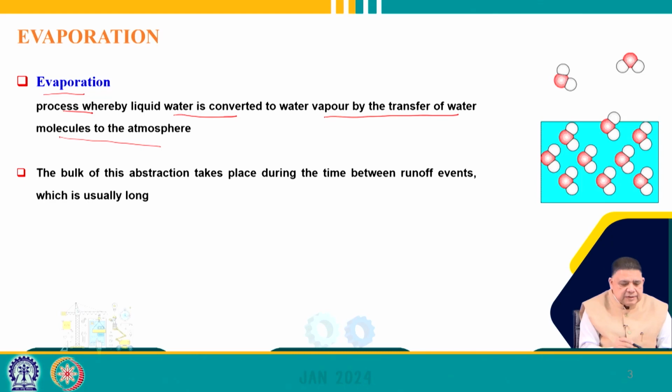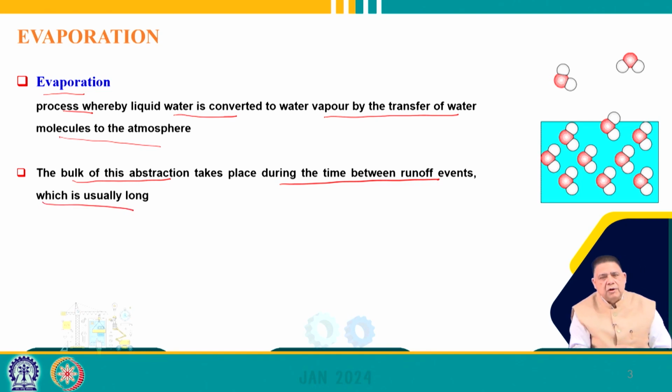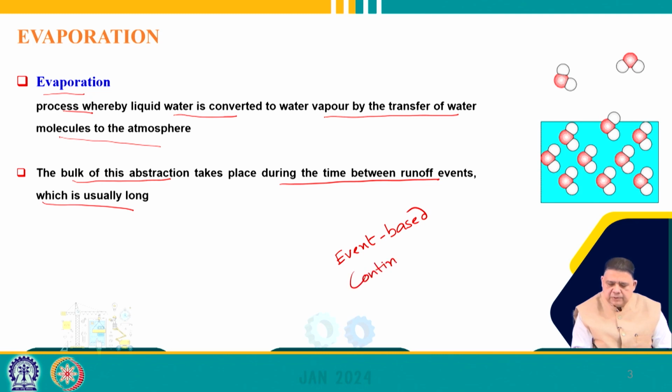And we also discussed that the bulk of this abstraction takes place during the time between runoff events, which is usually long. We also discussed that there are two kinds of models, event based models and continuous models. An event based model only talks about a particular rainfall event, and during a particular event evaporation is almost negligible.